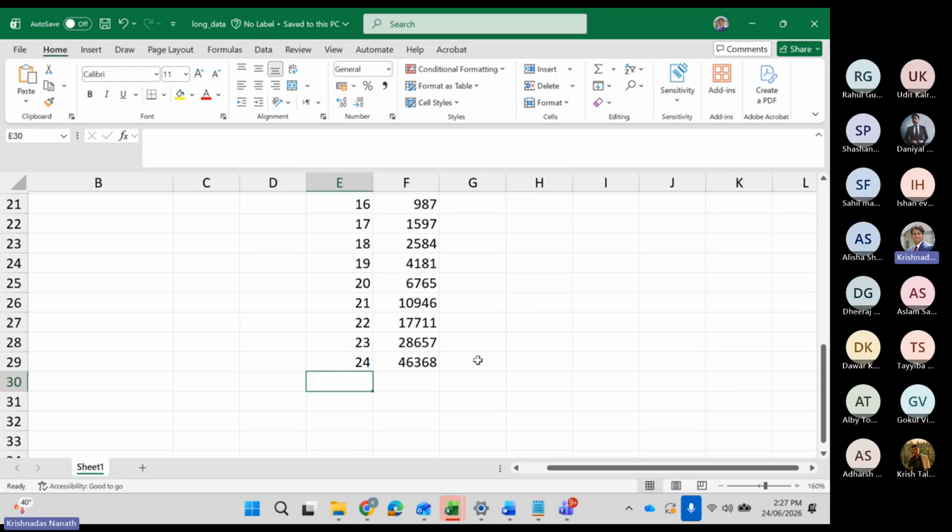So probably just make a new sheet and copy this, the one where you were getting the graph. Just take out.